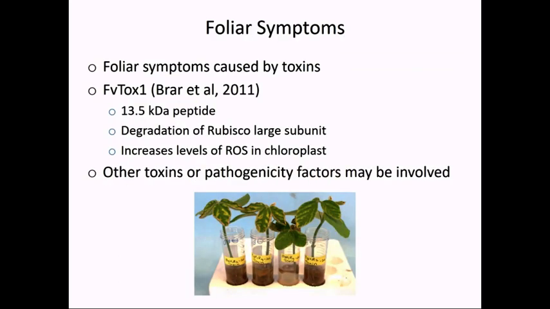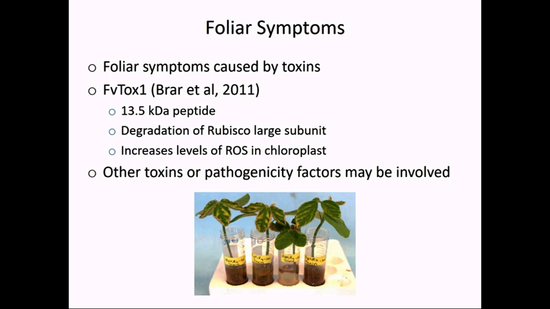And then the foliar symptoms are caused by toxins. A lot of the work that's been done on the most well-known toxin, this toxin called FeTox1, was done in Madame Bhattacharya's lab. And so he's characterized this protein. It's a 13.5 kilodalton peptide that interferes with the rubisco and increases levels of the reactive oxygen species, and so it leads to those typical symptoms on the leaves.